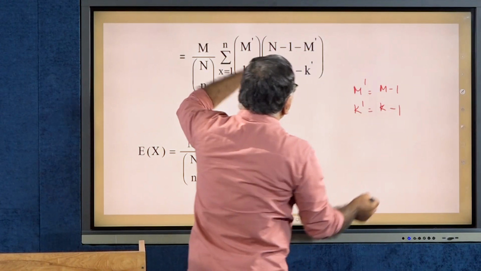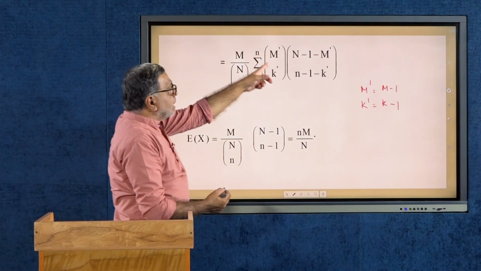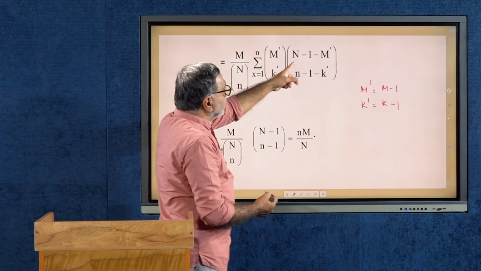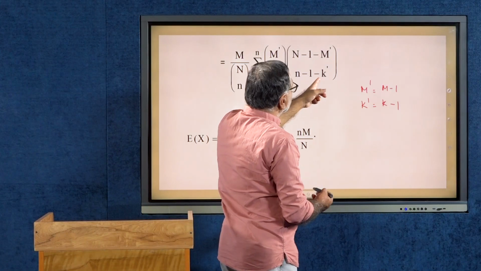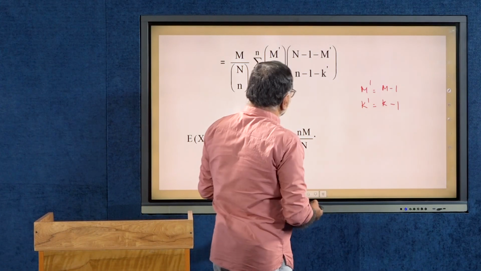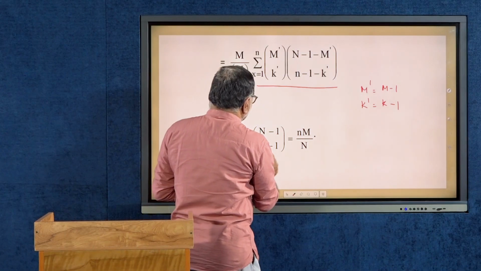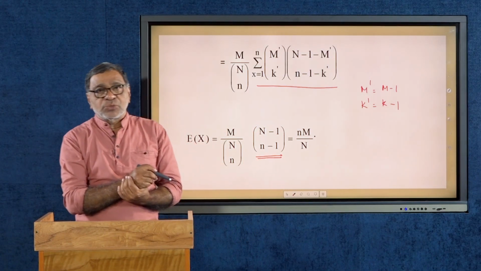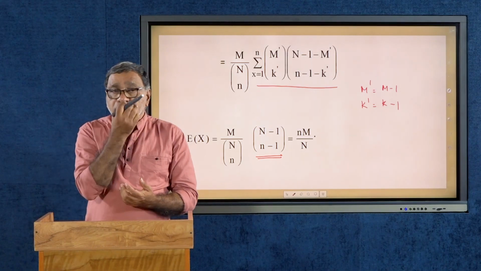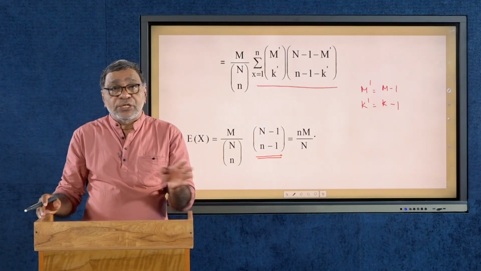Then m' C k' and (N minus 1 minus m')C(n minus 1 minus k'). This is a standard expression for us, and that value is equal to (N minus 1)C(n minus 1), by the argument that the summation of the probability mass function is equal to 1.